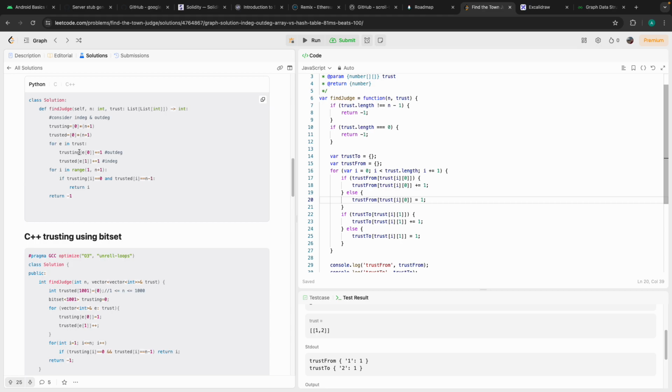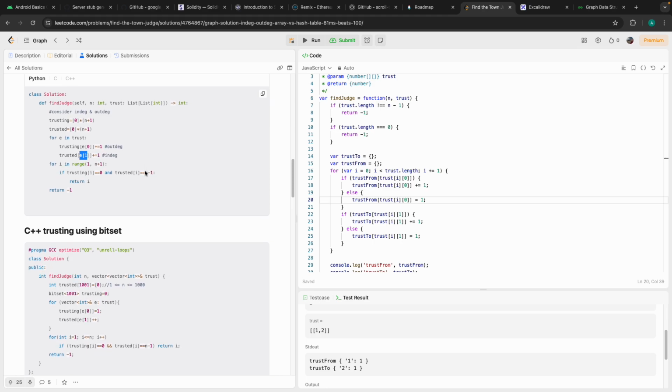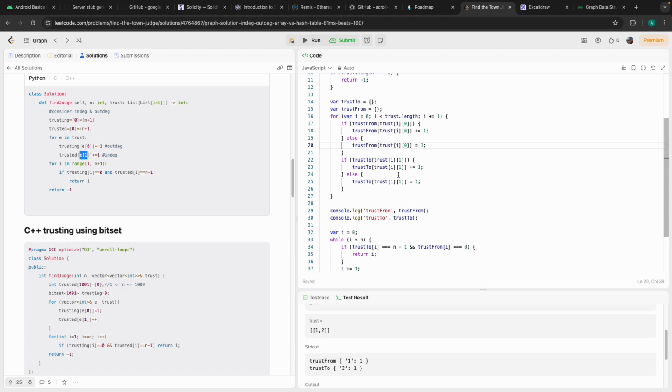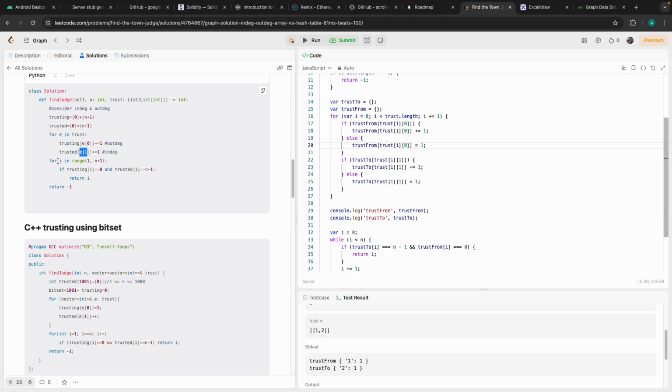For every e in trust, we increase by 1 the value for the outing arrow, and increase it for the inning arrow. I made the same. And then I check.